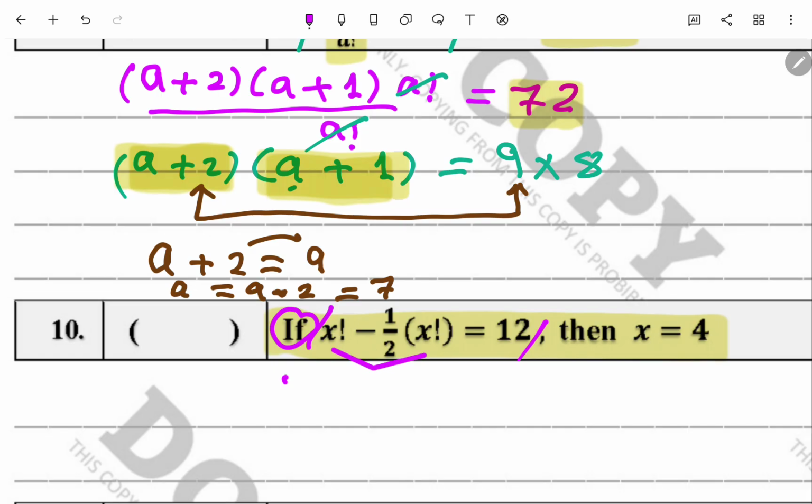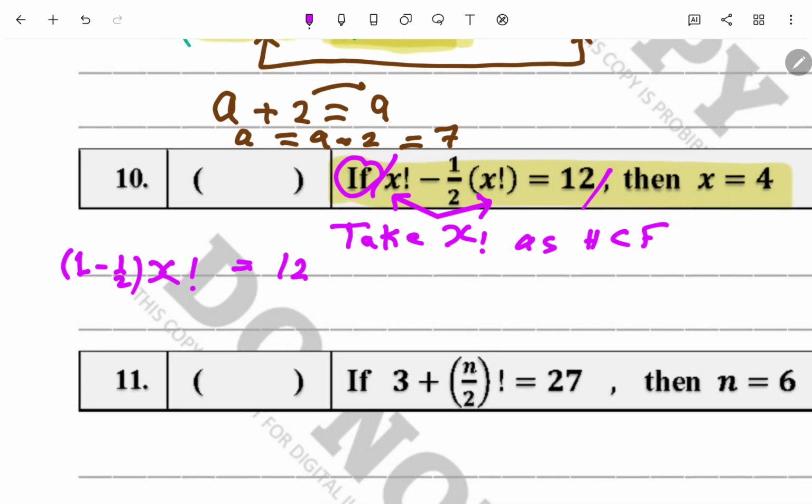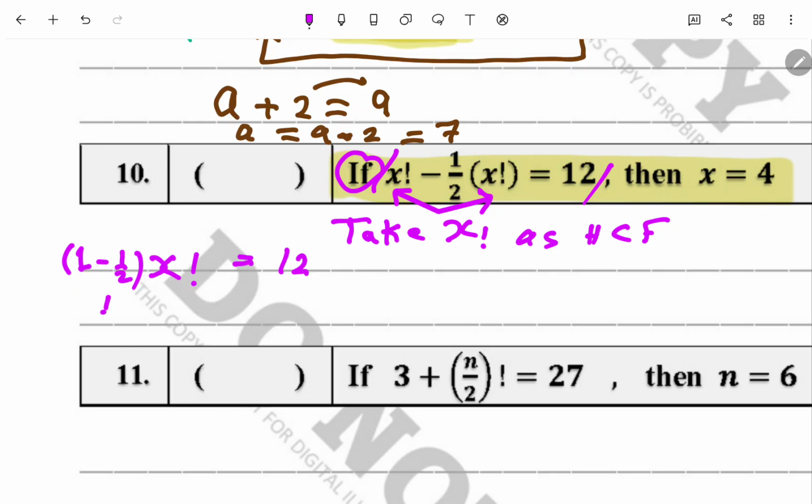So I can simplify them by taking x factorial as a common factor. So here take x factorial as the highest common factor. That will give you x factorial like this, and before I have 1 minus half. This is all on the left side, and on the right side I have 12. If you subtract 1 minus half, you will get half with x factorial. That all will give you 12.